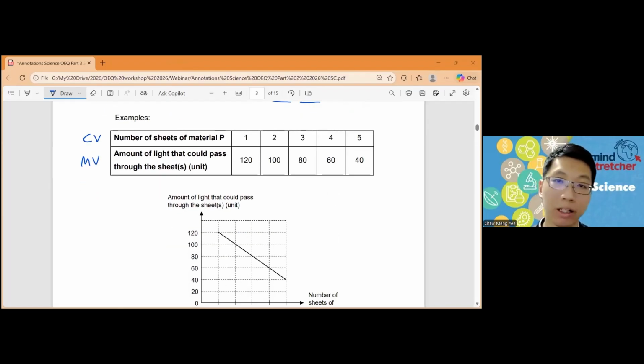Because they can actually ask you, in order to determine the rate of evaporation, what should Gary measure in his experiment, for example? It is a very likely question. I'm not saying that it's going to be coming out, but you all need to know that some are measured directly, some you need to determine like rate of evaporation.